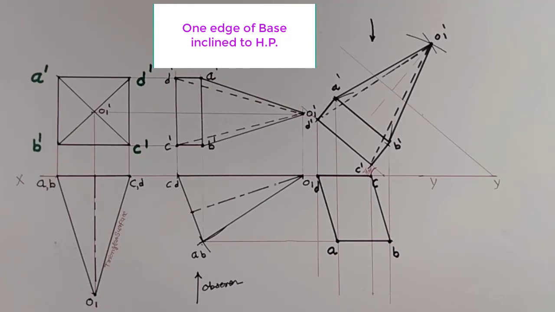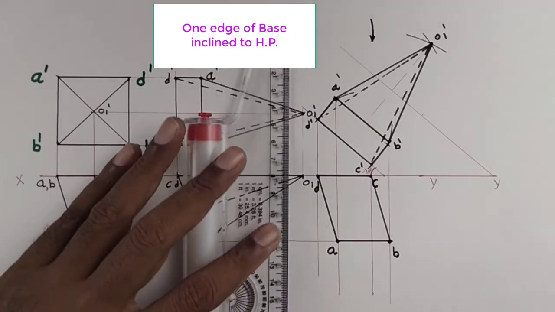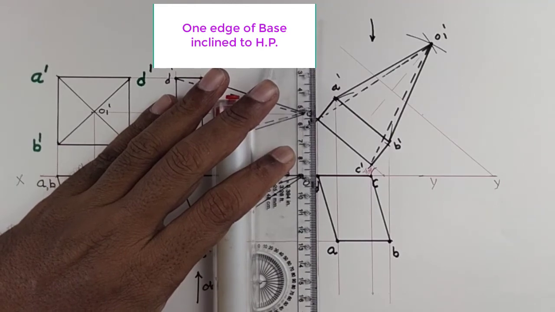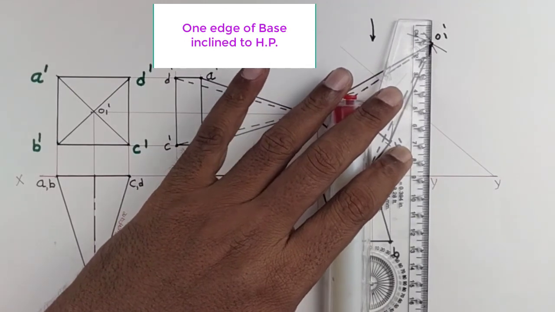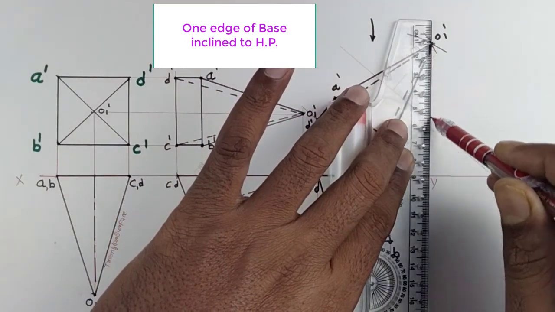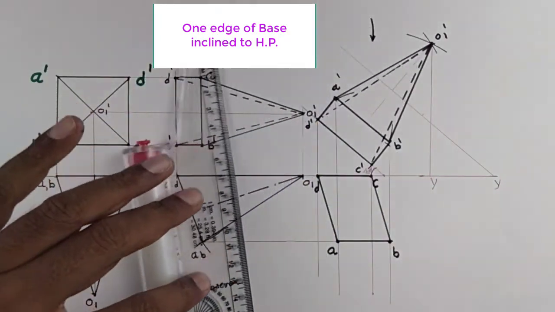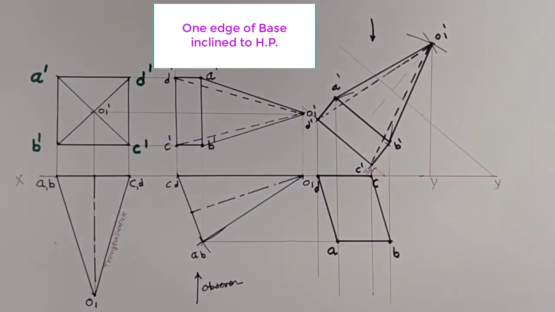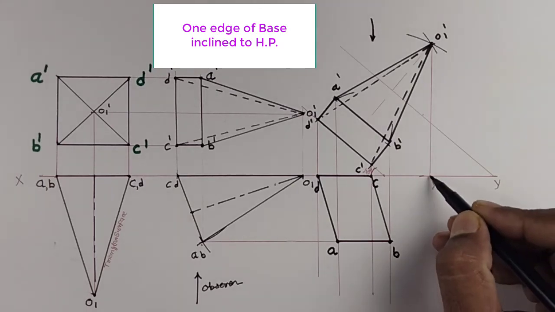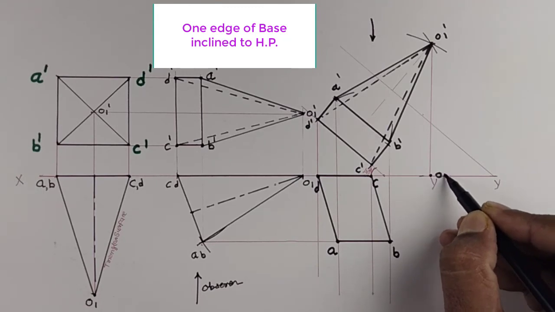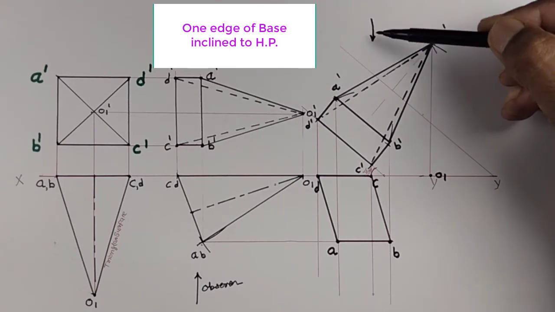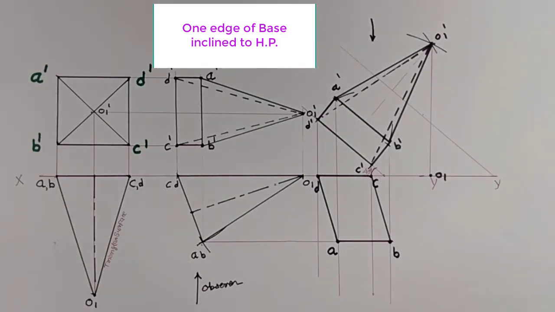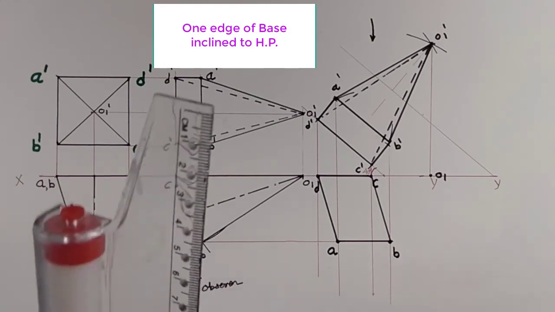Now we take the vertical projection from the apex up to the XY line, because in the previous plan, the apex is on the VP plane. Now you can join your respective plan of slant edge. So this is my O1. So A dash O1 dash is nearer to the observer. So A and D O1 both are visible. So first I join the AO1 dark.